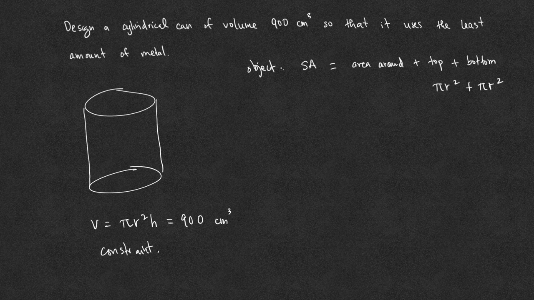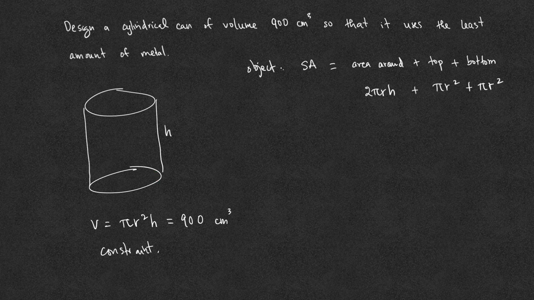For the area of the lateral side of height h, the area is the height times the circumference of the circle at the bottom. We can think of the circumference at the bottom as the length of the rectangle.